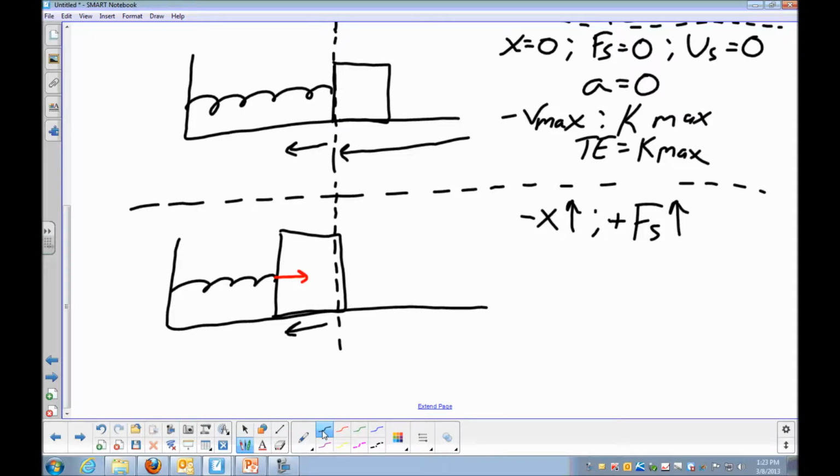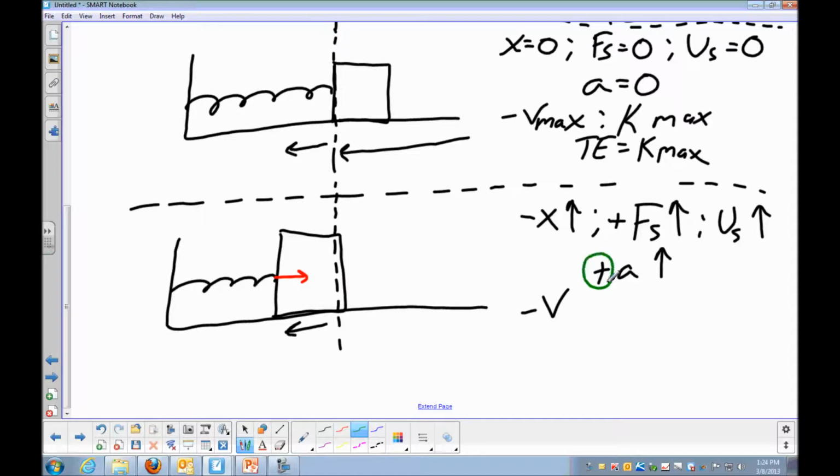If my displacement is increasing, my potential energy is also increasing. With a positive force, I have a positive acceleration, which is also increasing. However, the box is still moving to the left, which means I have a negative velocity.